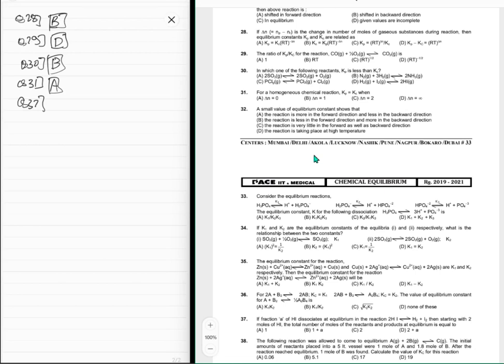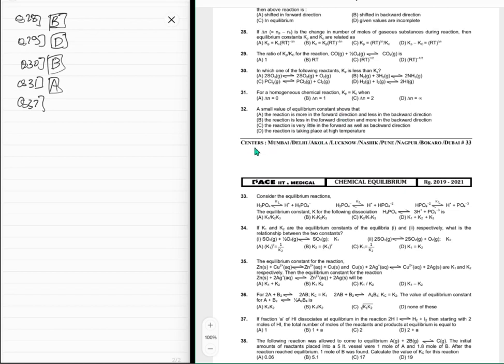So the reaction will be more in the forward direction. Sorry, we want a small value, then that's the opposite of that. So a big equilibrium constant does that, and small does the opposite, so the reaction is less in forward direction and more in backward direction.